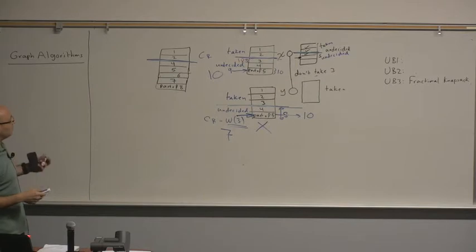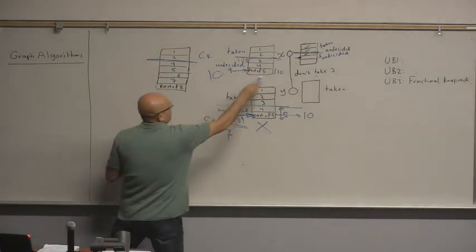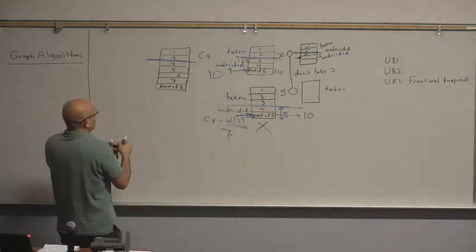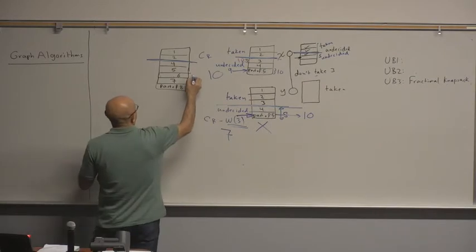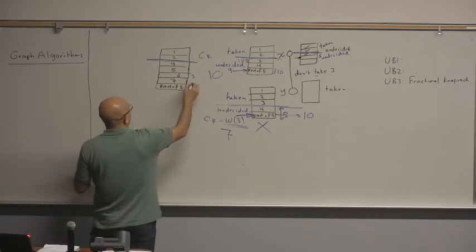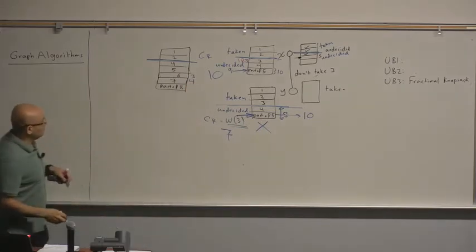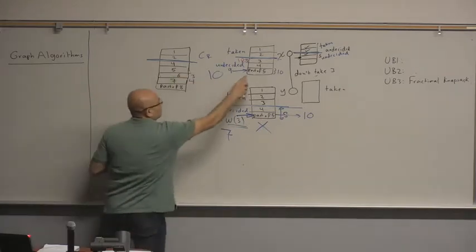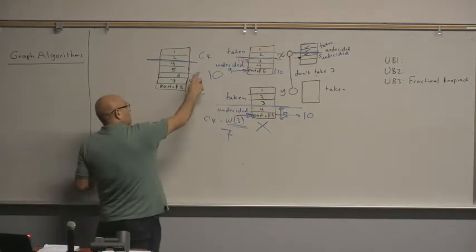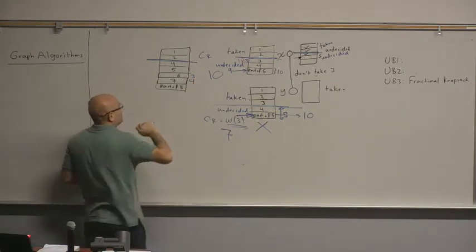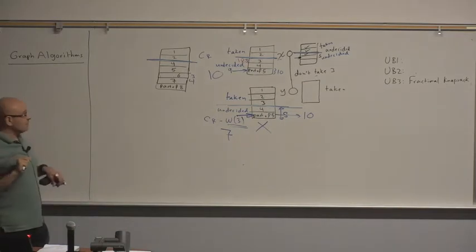So in this case, assuming that here we took 9 out of 10, if the weight of item 6, for example, was 3, and the weight of item 7 was 4, then we have taken 1 more kilogram of 5, and 3 kilograms of 6, 4 kilograms of 7, so that's 8.